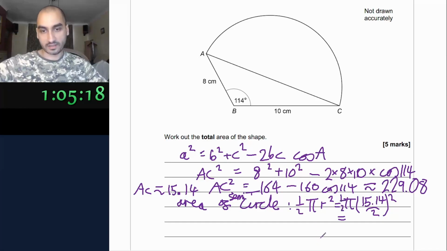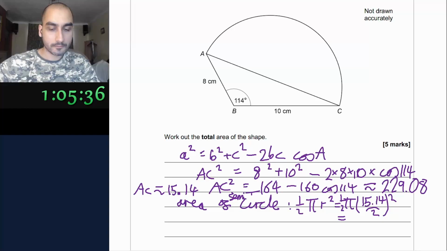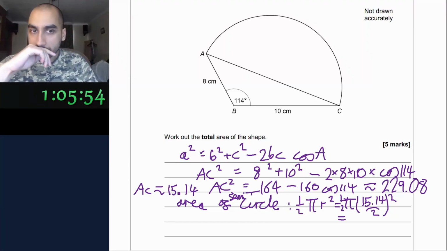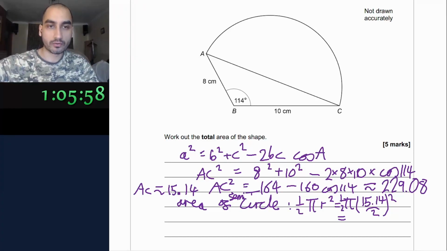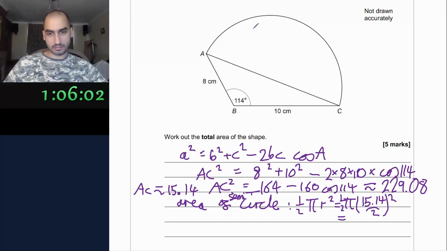So 15.14 over 2 squared and multiplied by pi, and half of that. That's 90.01 cm squared, almost 90.